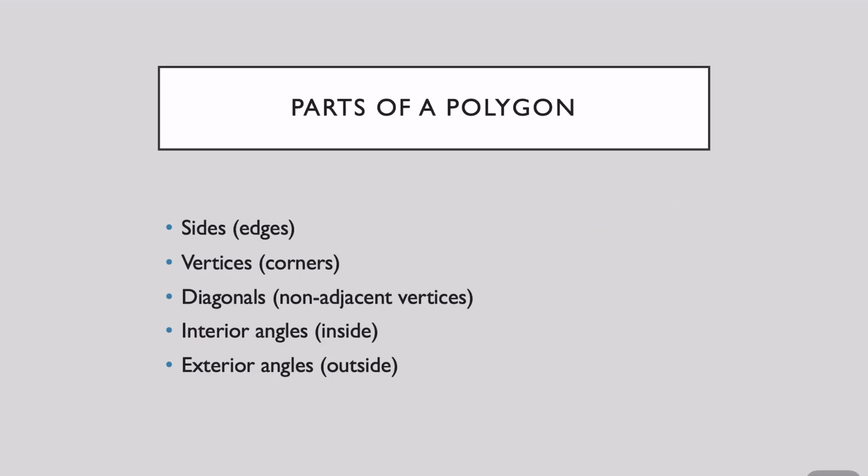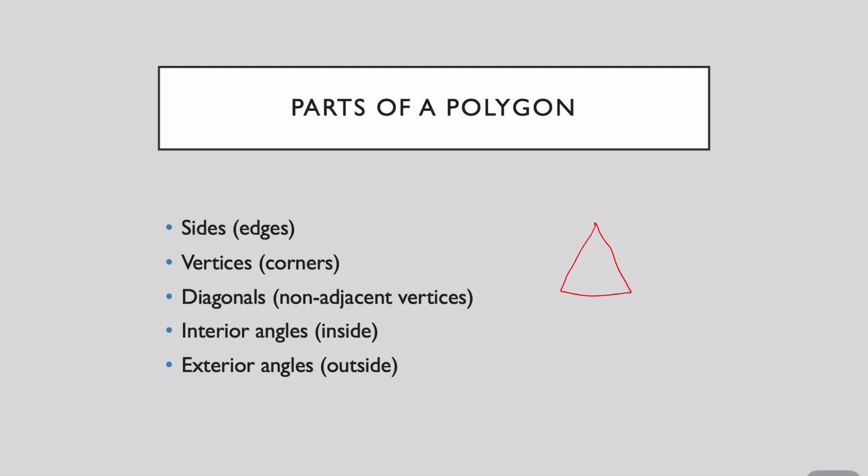What are its parts? So let's start with the triangle, since we can see that the triangle is the polygon with the least number of sides, because if there are only two sides, we cannot form a closed figure. Okay? Let's look at the parts of a polygon.